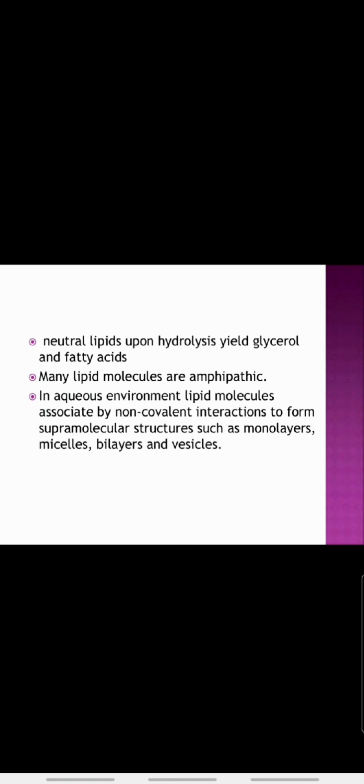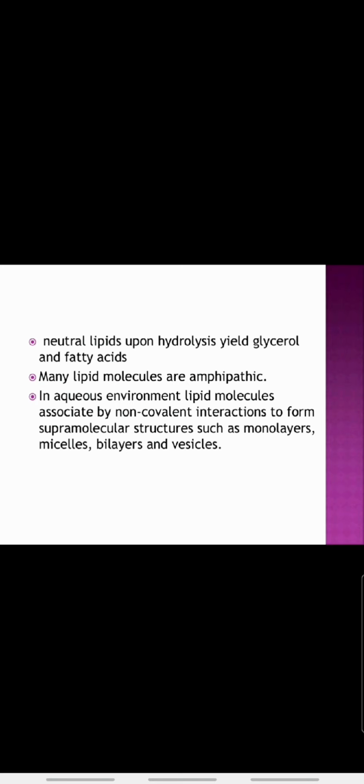Okay, it said that upon hydrolysis it yields glycerol and fatty acid. Yes, when a triglyceride, also known as triglycerol, undergoes the process of hydrolysis, or splitting with water, it yields other substances which are called glycerol and fatty acid.